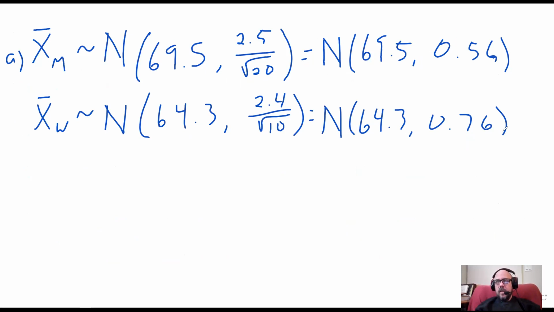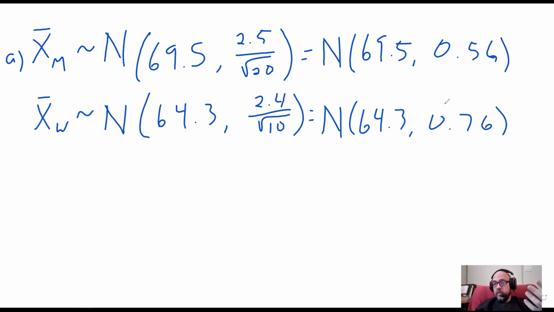And I want to find the distribution of differences of sample means, right? So this is the distribution of sample means for men, and this is the distribution of sample means for women. So the distribution of differences of sample means is that same thing that we just did, combining normal distributions, because these are both normal distributions.